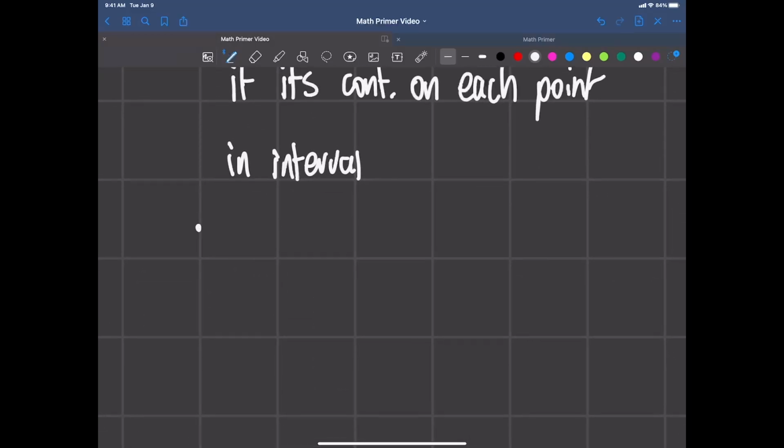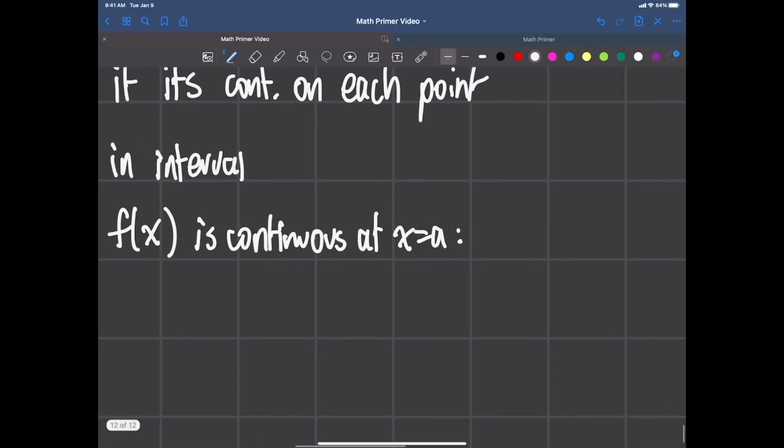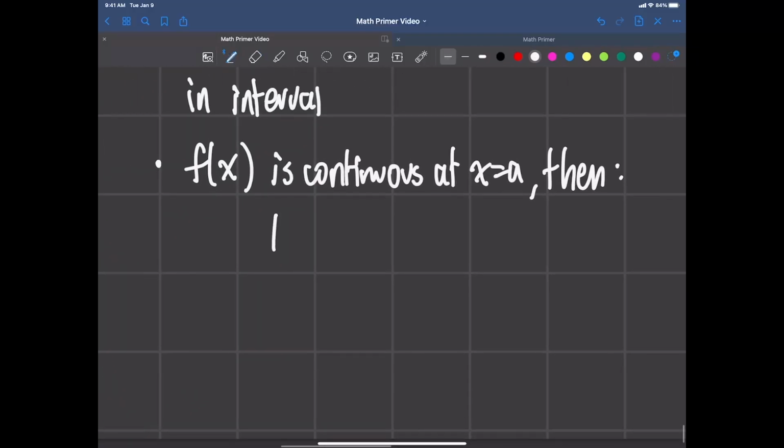But more formally, if f of x is continuous at x equals a, then the limit as x approaches a of f of x equals f of a.